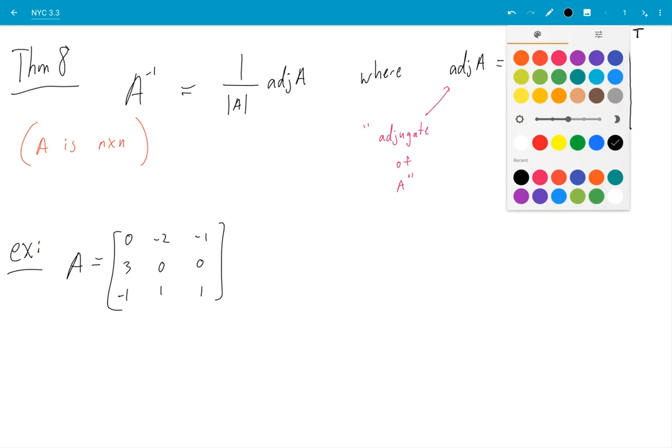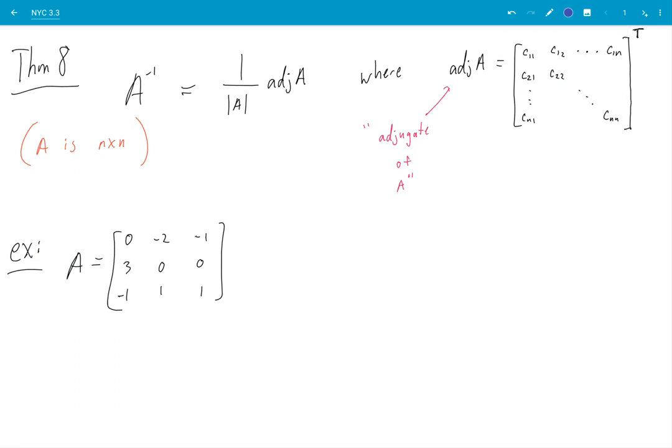Okay, so what am I going to have to do here? I'm going to have to find a whole bunch of cofactors here. So how should I go about that? Yeah, I guess the first time you have to just kind of grind it out.